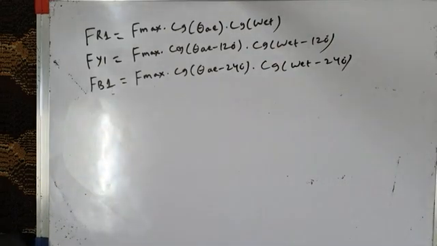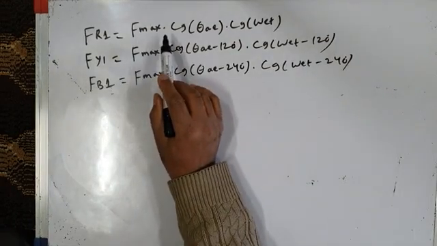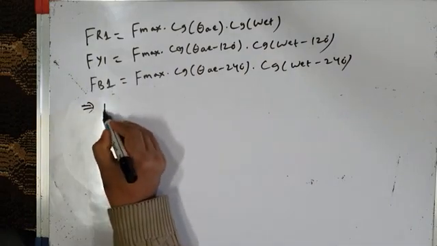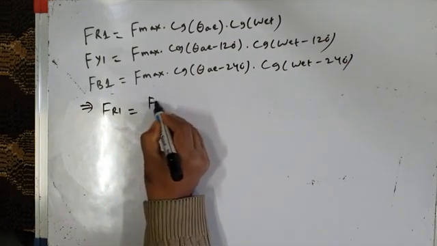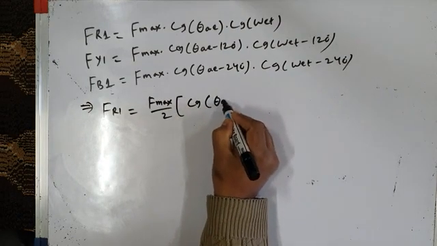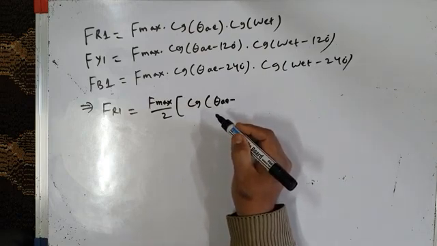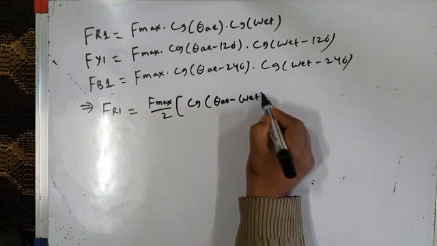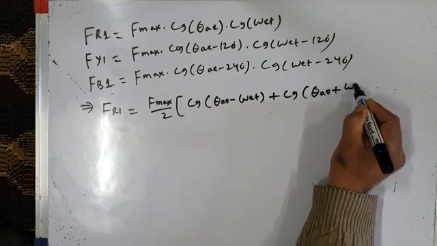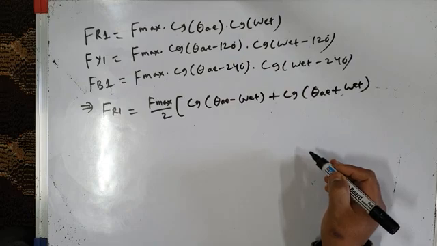Let us resolve each pulsating MMF of all the three phase windings into revolving components, as we have done for the single phase induction motor. So I can write FR1 equal to F max by 2 into cos of theta AE minus omega ET plus cos of theta AE plus omega ET. This is FR1.